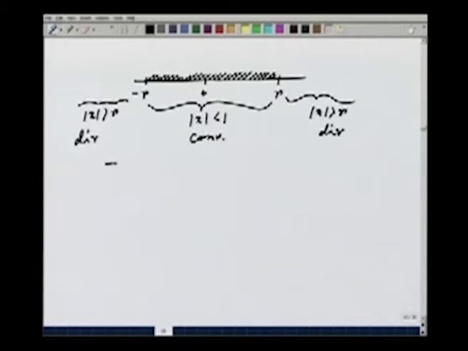Now anything can happen for these quantities a n r to the power n and a n minus r to the power n. It can converge, it can diverge. That means both of them can diverge, both of them can converge, one of them can converge and the other can diverge. So I gave an example of x to the power n by n, where r was equal to 1, and I have seen that for r equal to 1 the series diverges, but for minus r it converges. So at the radius of convergence anything can happen.